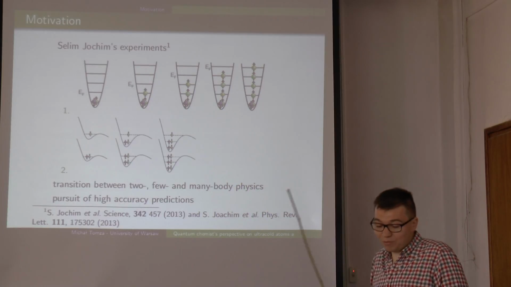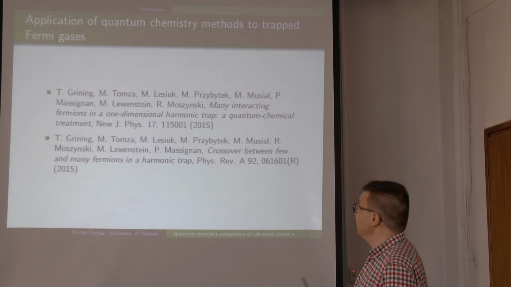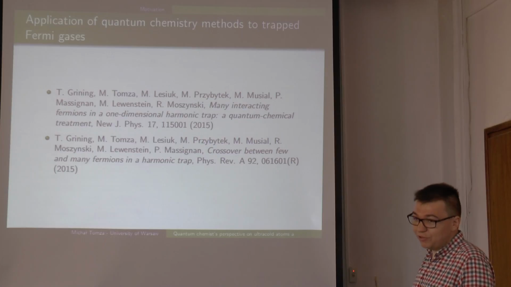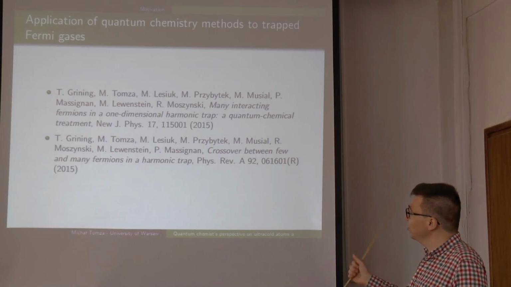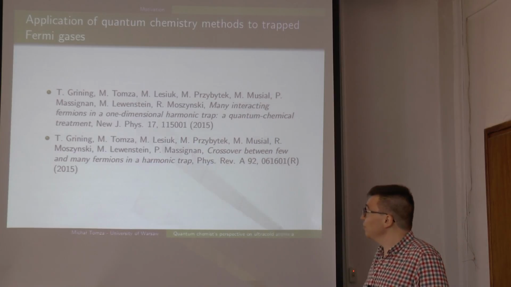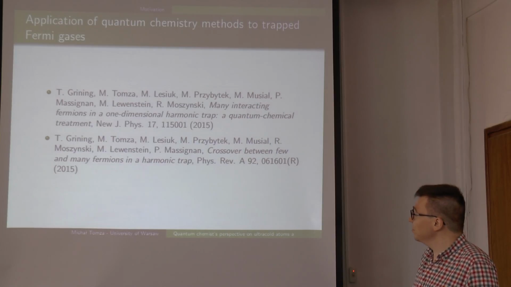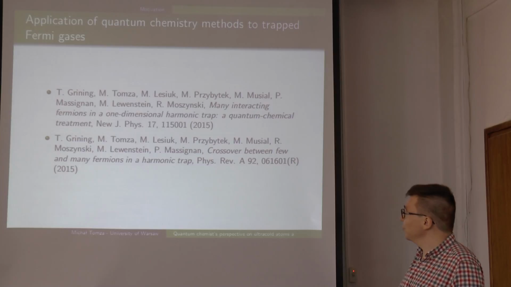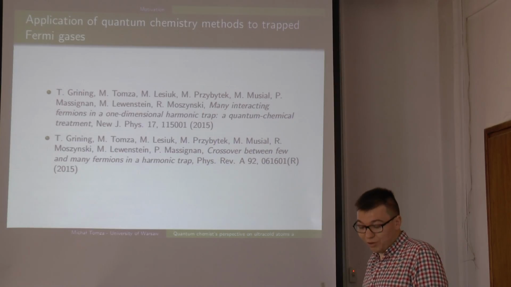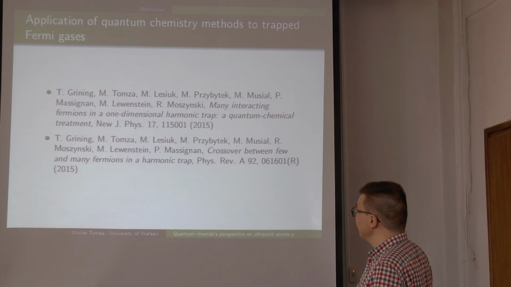So we started from 1D and applied our methods to this. The result that I presented is the result of collaboration between the group of Maciej Lewenstein at ICFO, where I was a postdoc, and Robert Moszyński here at the chemistry department, and I work with Robert Moszyński's PhD student Tomasz Grining, who did most of these calculations.